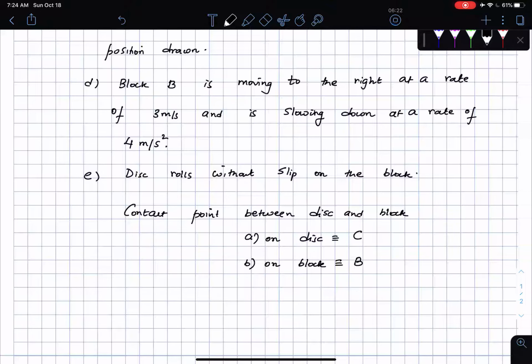Okay, so the key statement here is that the disk rolls without slip on the block. Okay, that's something that is going to help us solve the rest of the problem. And what am I supposed to find out in this particular problem? So find, and always notice whenever you're finding something, you're finding it at that instant in time.